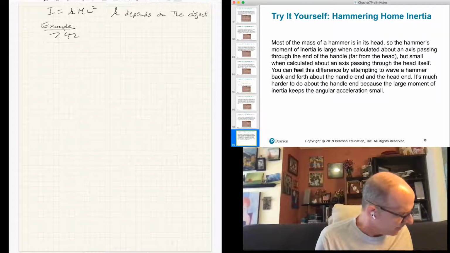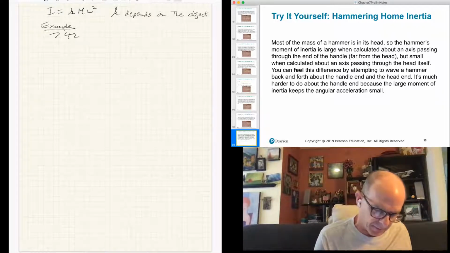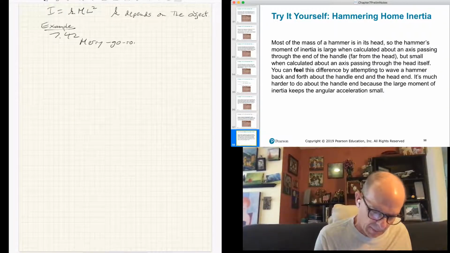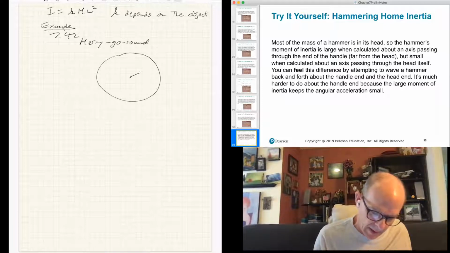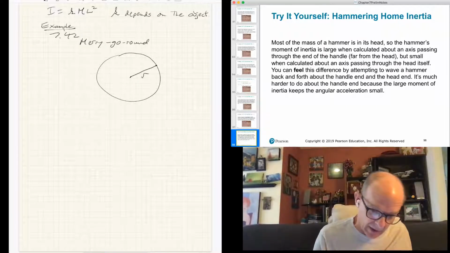And in this, there is a merry-go-round that is a uniform circular disc that has a diameter of 1.8 meters, so has a radius of 0.9 meters.